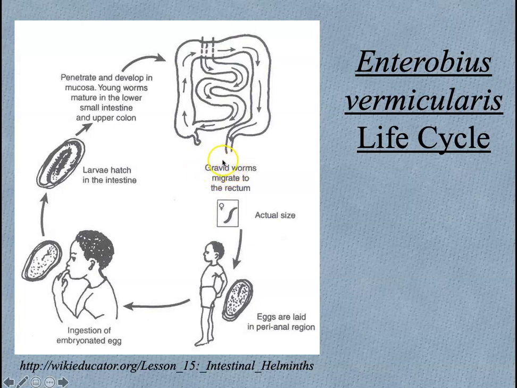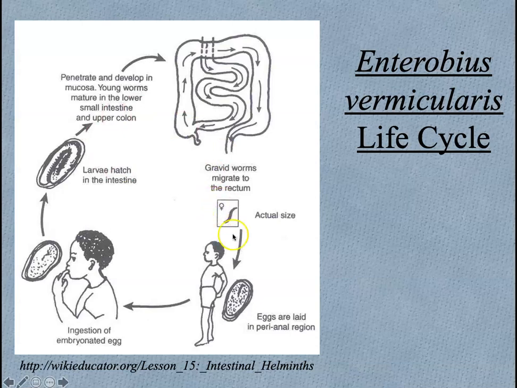So the pregnant or egg-bearing female migrates to the anus, usually at night, because that's when the patient is more still and she has time to lay her eggs and do her thing. So she's migrating to the perianal region and laying eggs. And by eggs, I mean it can be up to like 15,000 eggs that one female worm can lay.